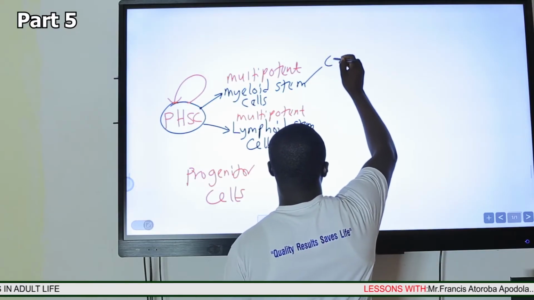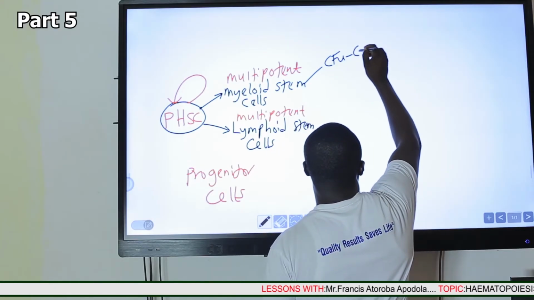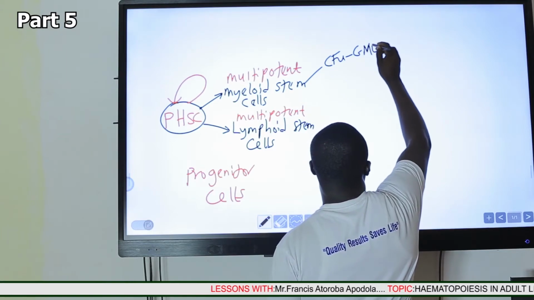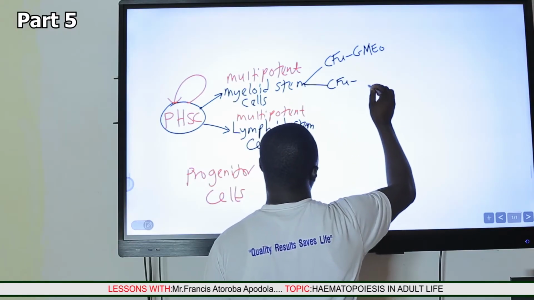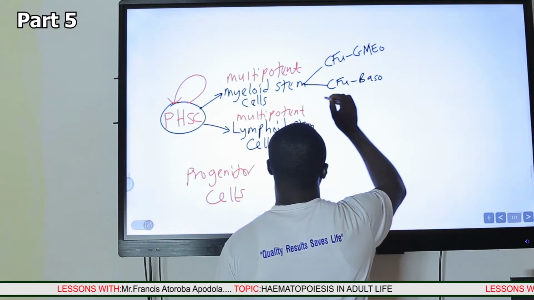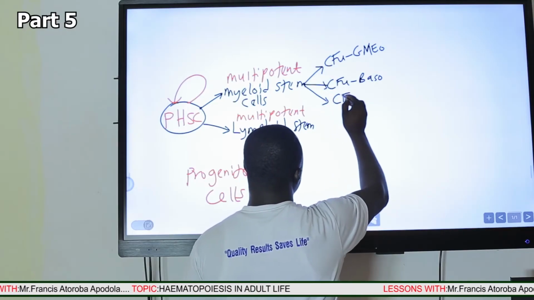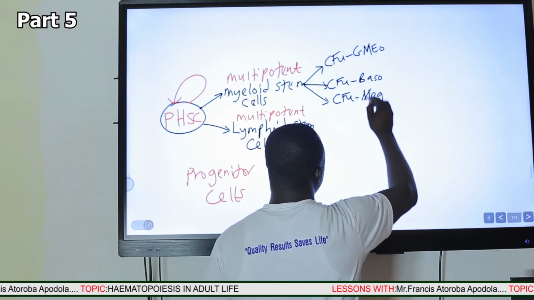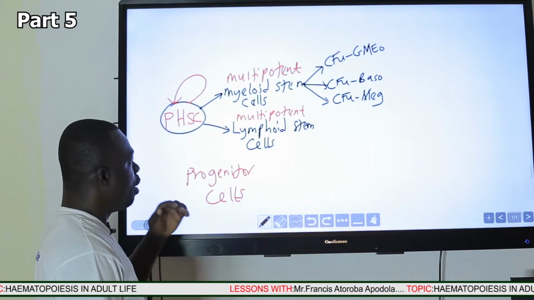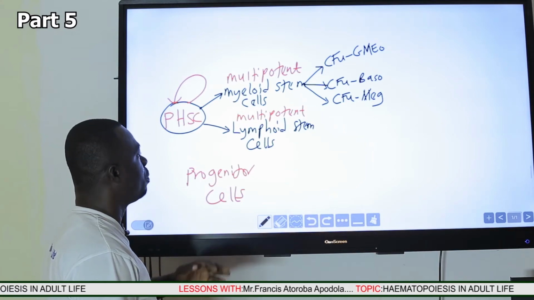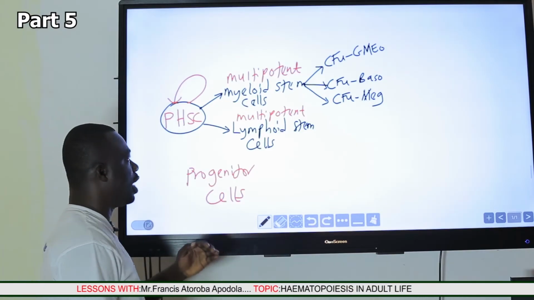We have the colony forming unit granulocyte, monocyte, eosinophil; then the colony forming unit basophil; and the colony forming unit megakaryocyte.